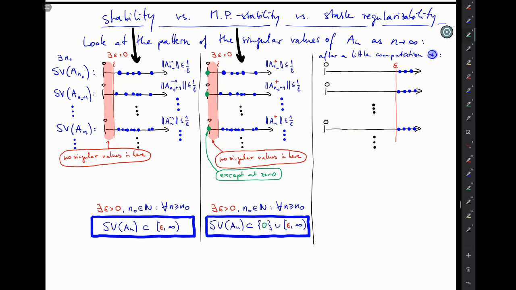So there is a sequence here, here, here, and so on, and that is going to 0, where for the singular values it's okay to be in here, and it's okay to be up here, but not in between.